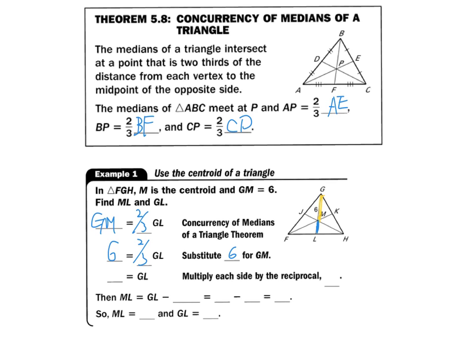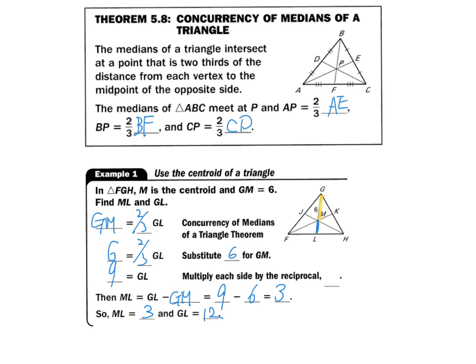And if we do a little bit of algebra and multiply by the reciprocal of 2/3, we should end up having GL equals 9. Now, if GL equals 9 and GM is 6, obviously GL minus GM would give me ML, which is what I want. So I should have 9 minus 6, and that's 3 as my answer. So to conclude, my ML is 3, and my GL is 9, and my GM as given is 6.